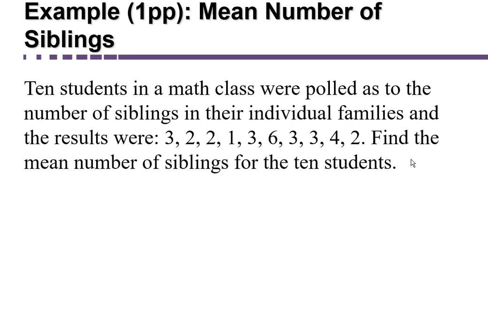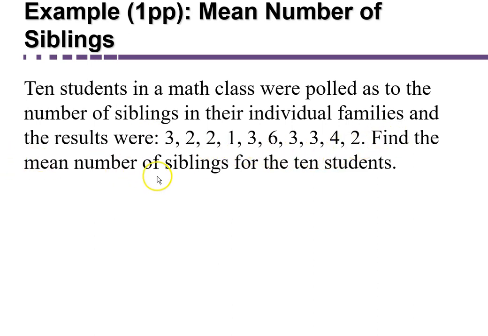All right, let's look at our first example. 10 students in a math class were polled as to the number of siblings in their individual families, and these were the results. Now, siblings are brothers and sisters, so we had this grouping here.